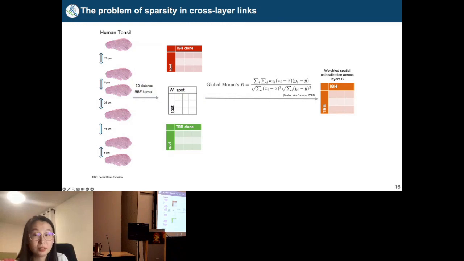The idea behind Moran's R is, instead of only considering the overlap of IGH and TRB clones, if an IGH clone and a TRB clone are next to each other and their counts are relevant, they may also have interaction. Since our data were from the same tonsil, the distance we used is the 3D Euclidean distance. Thus, the link between two layers can be generated.